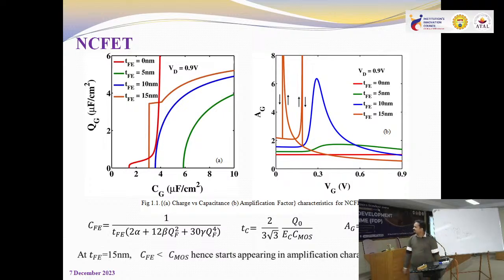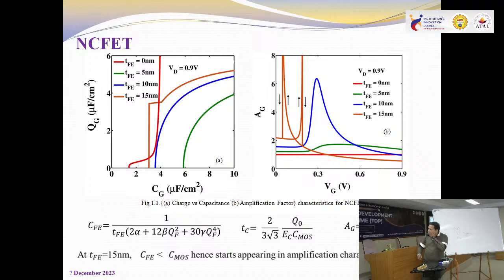Now here come a few results. In my talk number 1 I was telling a few things about hysteresis, but I did not explain what hysteresis actually is. If I go to my previous slide, I showed that when mod of C2 is greater than C1, only then is amplification there.